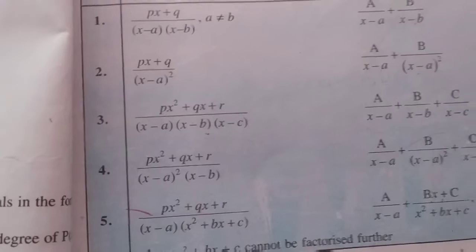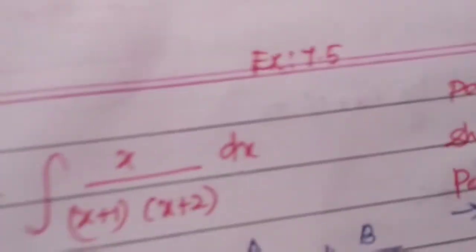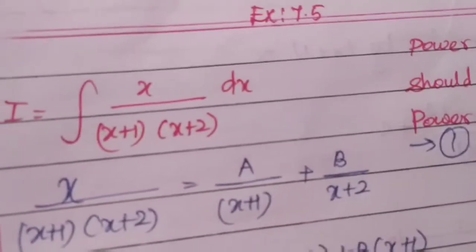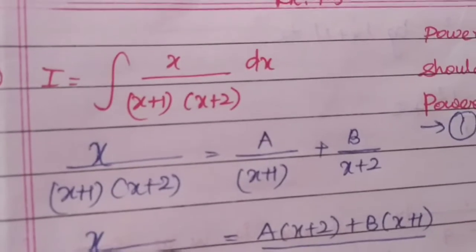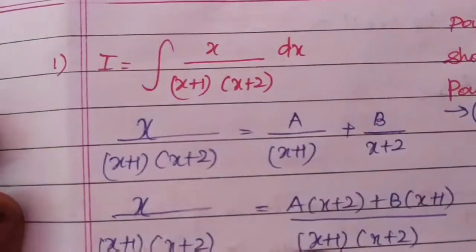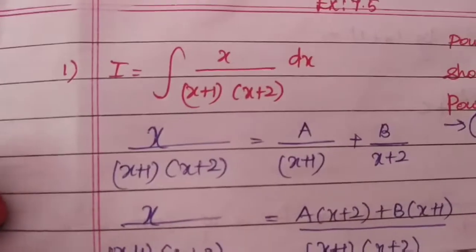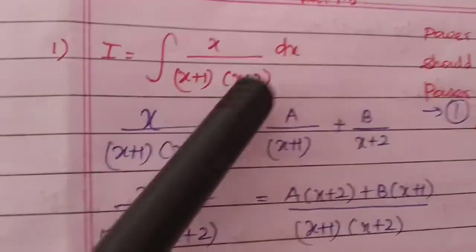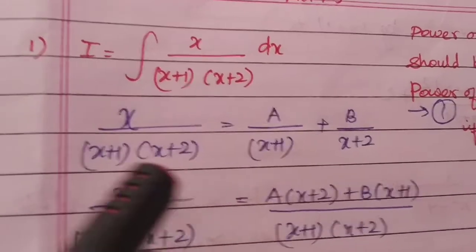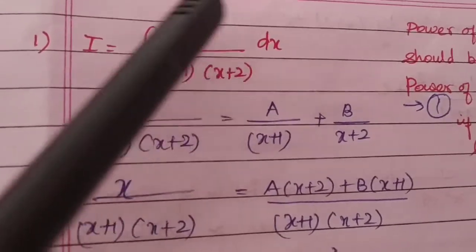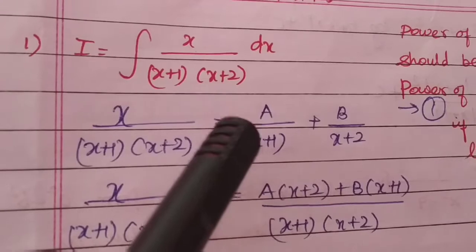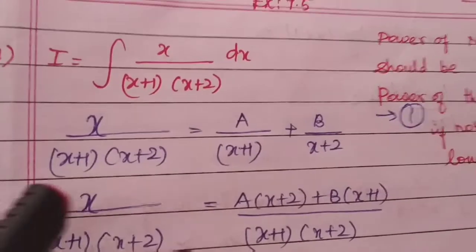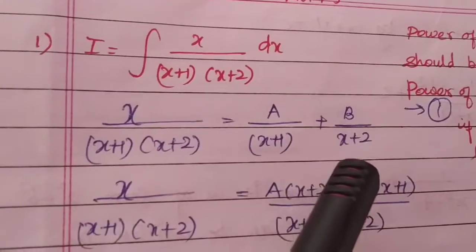Now let us move on to the exercise. Exercise 7.5, the first question, I equal to integral of x divided by x plus 1 into x plus 2 dx. If it is like this, two different factors, you can split it into two terms, that is equal to a divided by x plus 1 plus b divided by x plus 2.